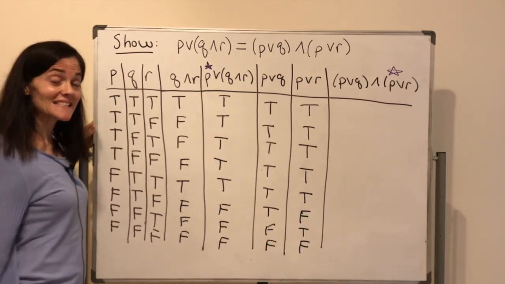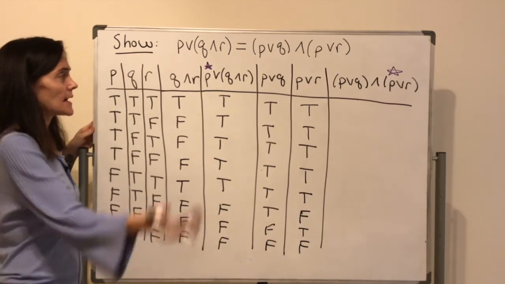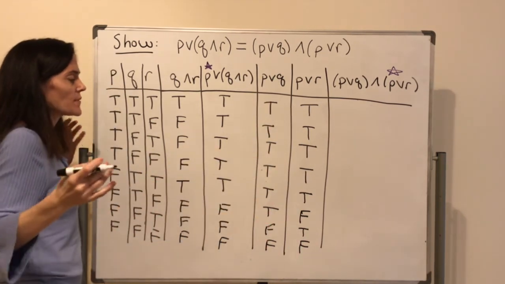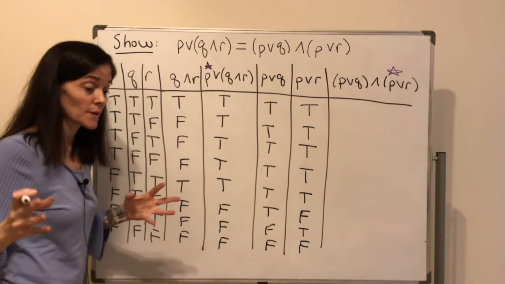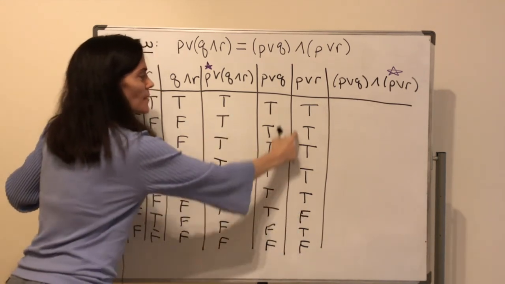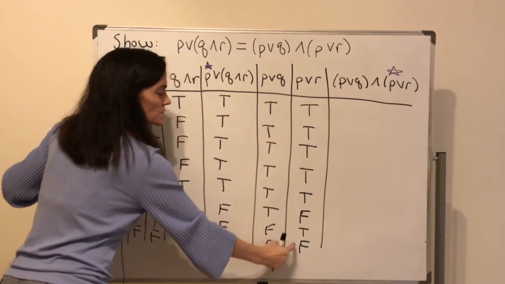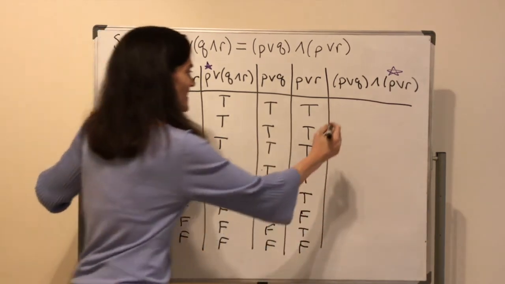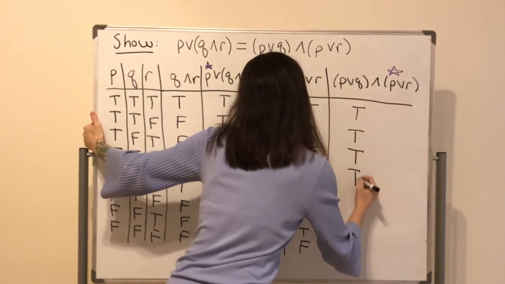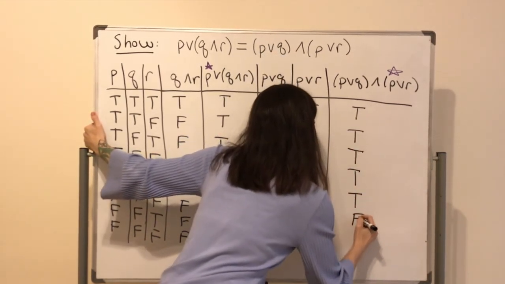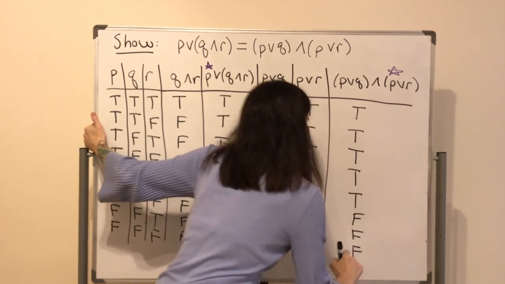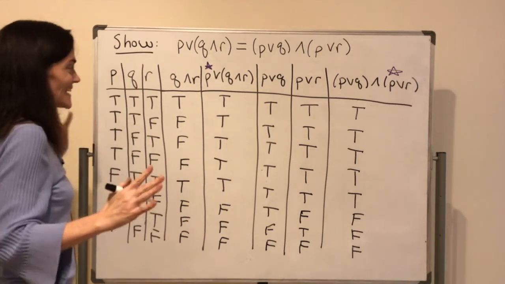Now I'm on the very last column. Okay, I take this AND this, and so the only time it's true is when I have T and T. And you notice, just looking at it, that's the top 5, and then false, false, false for the AND. Now, look how great.